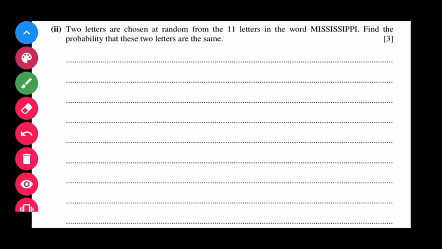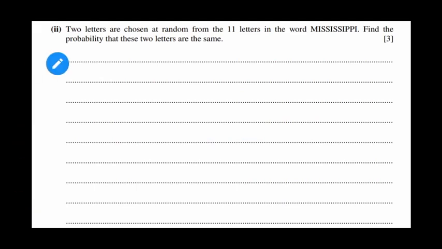Another question. 2 letters are chosen at random from the 11 letters in the word Mississippi. Find the probability that these 2 letters are the same. So check the question.